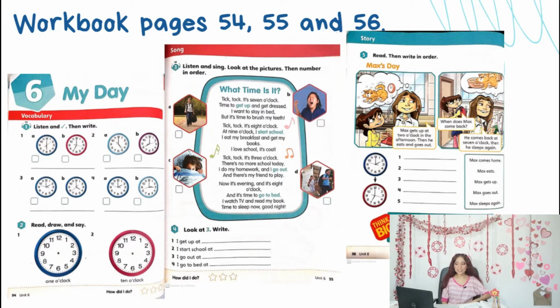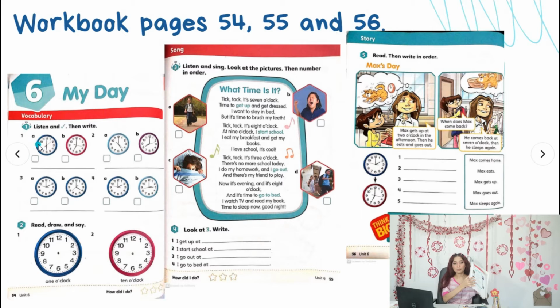So let's start with page 54. We have 2 activities in there. These are just listening, and you just need to draw, and that's it. Activity 1 says listen and check, then write. This is a listening, and I'm going to play it, and you are going to check the clock.